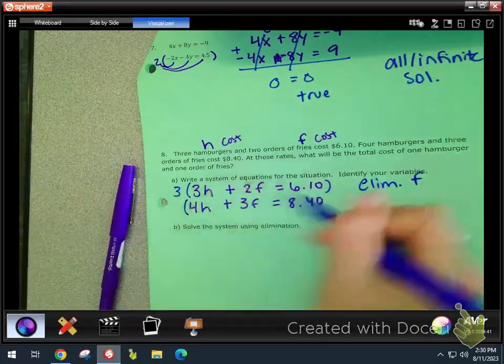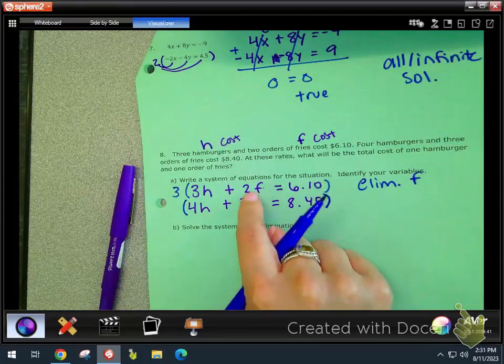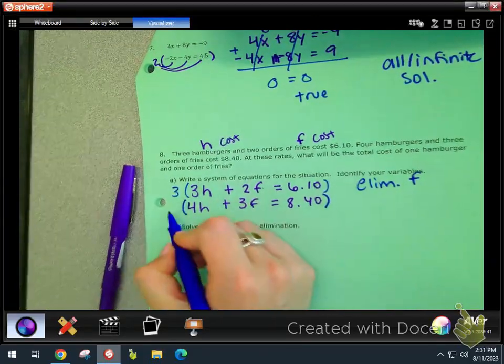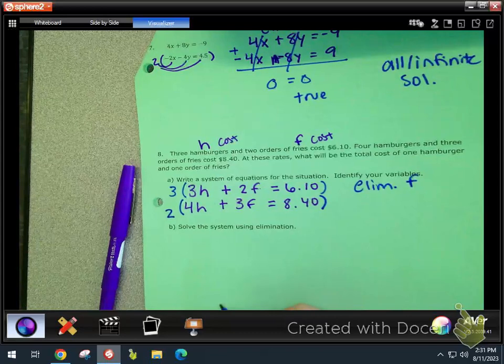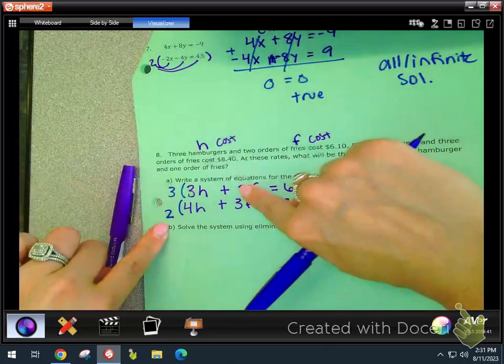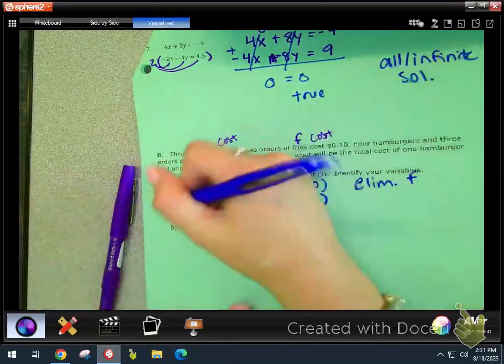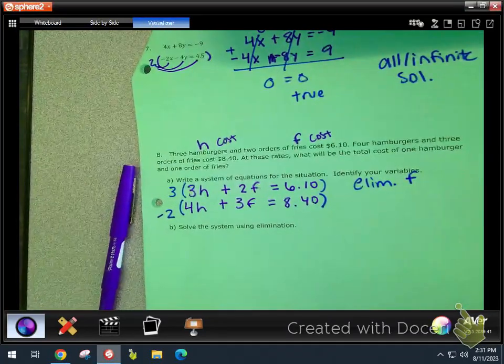On the bottom, I can multiply that equation by the coefficient of F on the top. What is 2 times 3? 6. Y'all see that kind of crisscross thing? I'm taking this guy out so you can multiply by this and this. But what do you have to do to make them knock out? One of them has to be negative. You pick. Whatever. Okay? So you can go through and solve that.